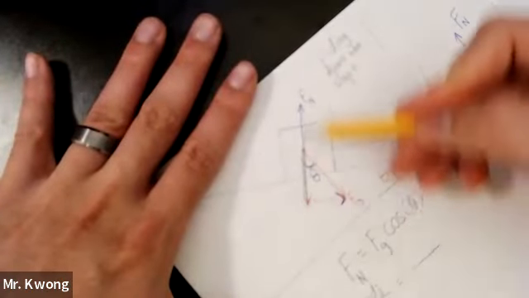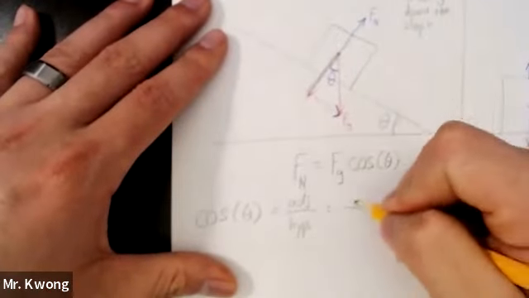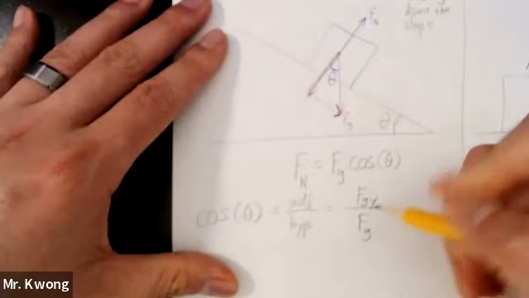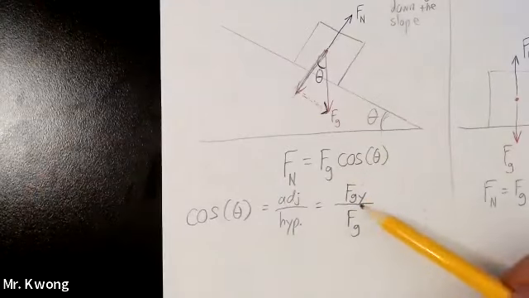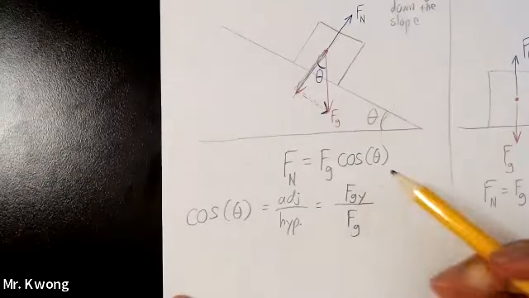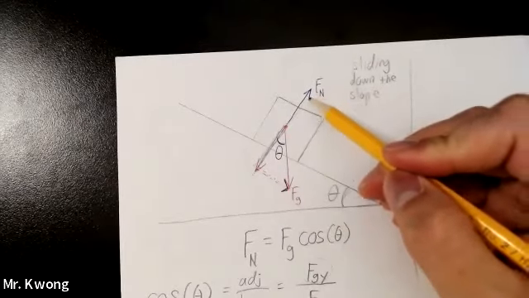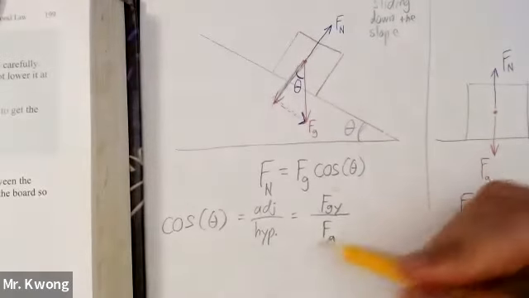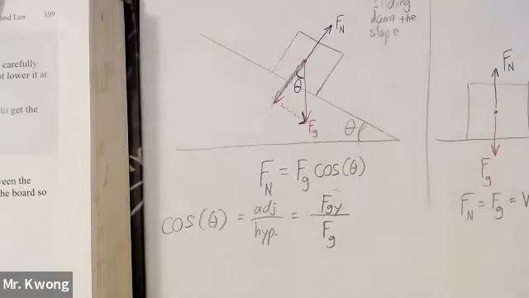And if we want to talk about this direction as the y direction, we could say that this is F of g of y, and the hypotenuse is just F of g. So therefore, you have the solving of the normal force. This F of g of y is opposite in direction, equal in magnitude to the normal force. And we can multiply both sides by the force of gravity to have the normal force equal to the force of gravity times cosine of theta.